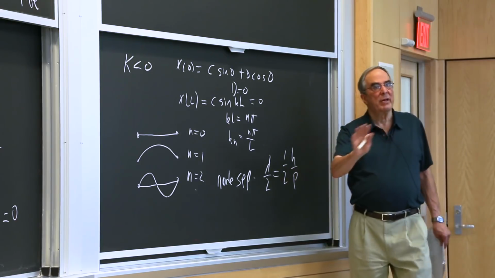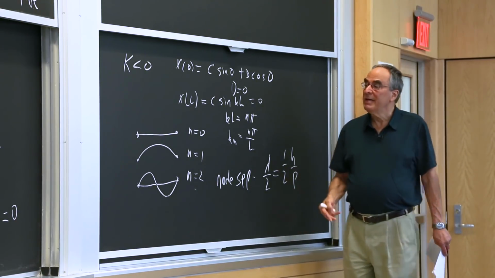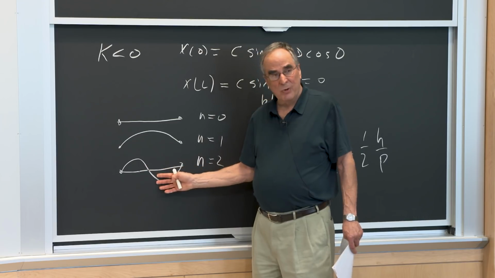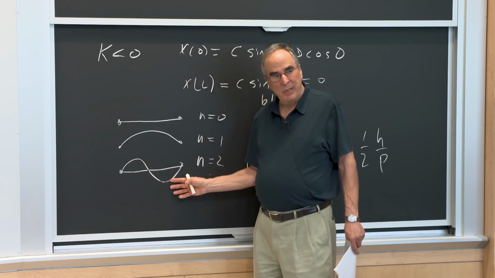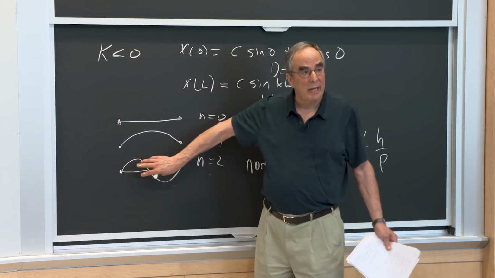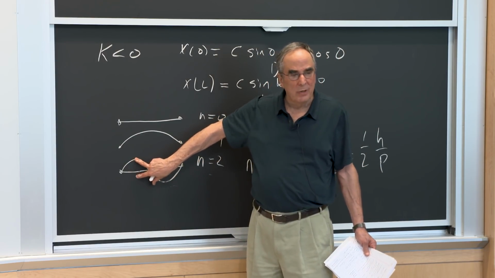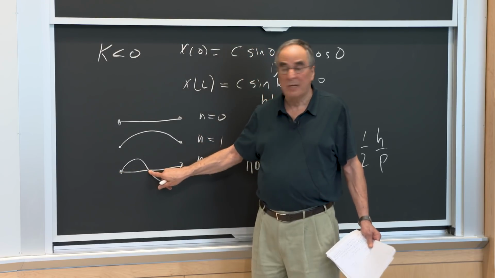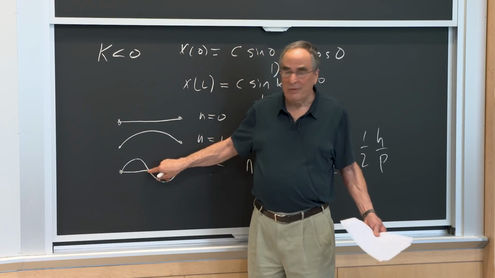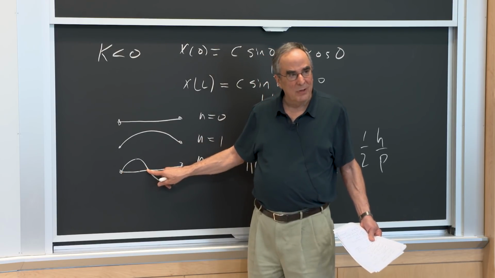So everything we want to know about a one-dimensional problem is expressed in the spacing of nodes and the amplitudes between nodes. And the amplitudes between nodes have something to do with the kinetic energy, the momentum too. Because if you're going from here to here at some high velocity, there's not much amplitude.